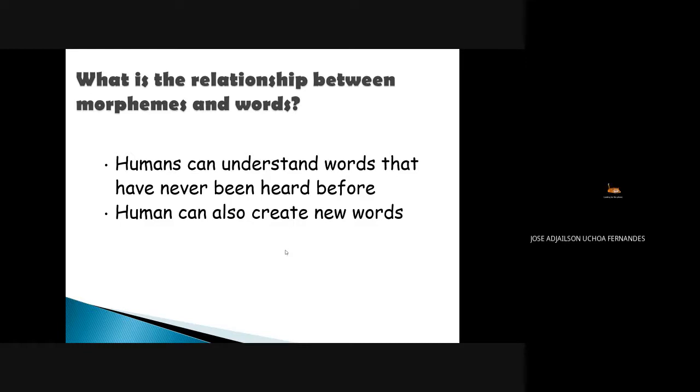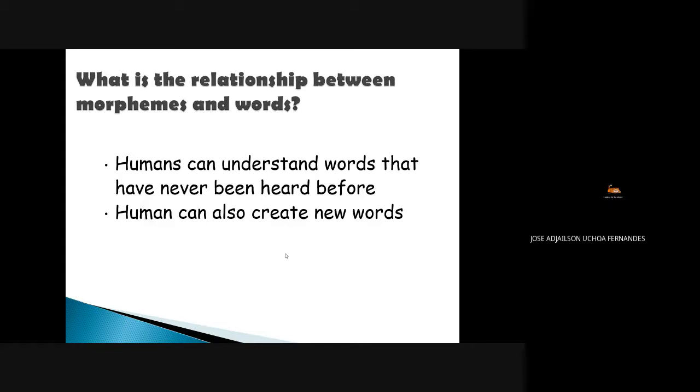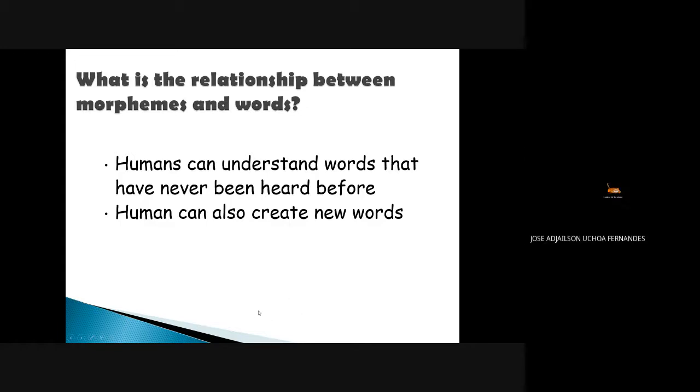Think of examples of words that have been recently created. Meme, maybe. Can you type it? Yes, meme. In fact, meme is a word that was resignified, but it existed in the language before, like memetics.